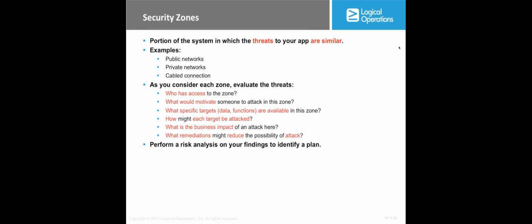Every attack has an underlying motivation. Some are very benign and innocuous and not sinister at all, but nonetheless, there's a motivation for the attack within each zone. What is the target? Is the target a DOS attack, where they're just trying to render the device unusable, or is the attack purely against the data?